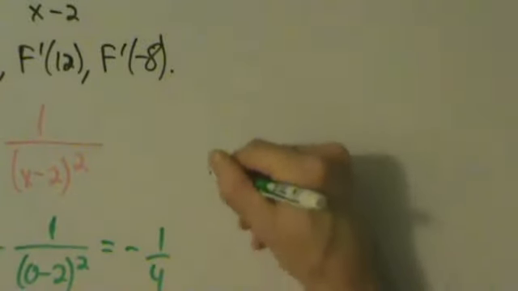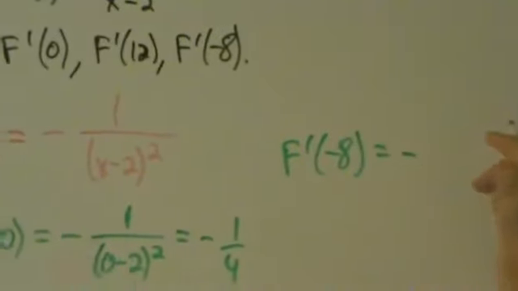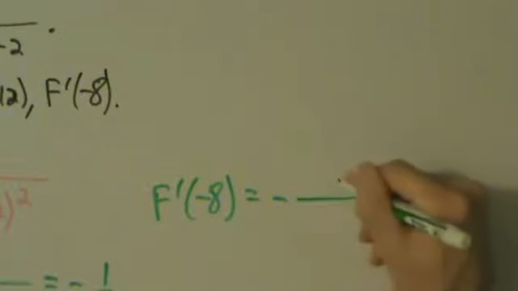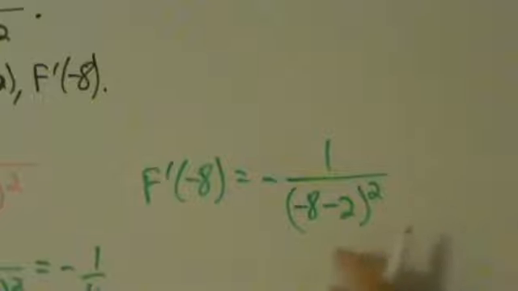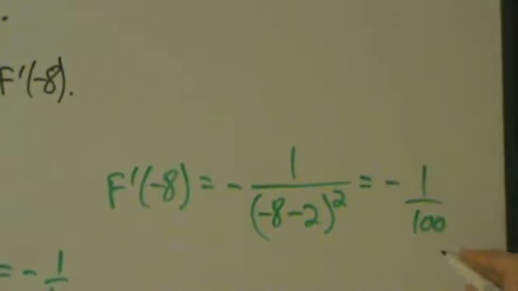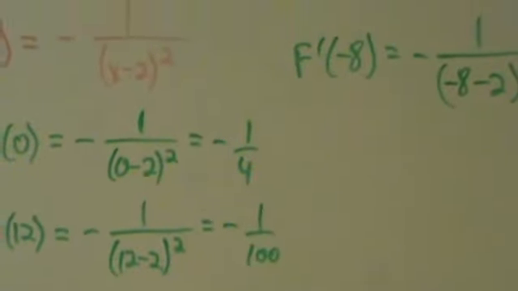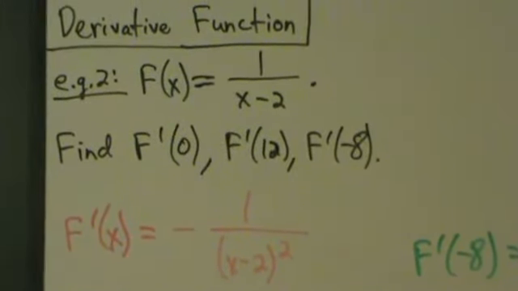So here, f prime of negative 8 is negative 1 over negative 8 minus 2 quantity squared. So negative 8 minus 2 is negative 10. Negative 10 squared is 100, so this is negative 1 over 100. Right? So same thing as f prime of 12 actually, right? Negative 1 over 100, negative 1 over 100. So that's example 2 with using the derivative function to find the derivative at a point.